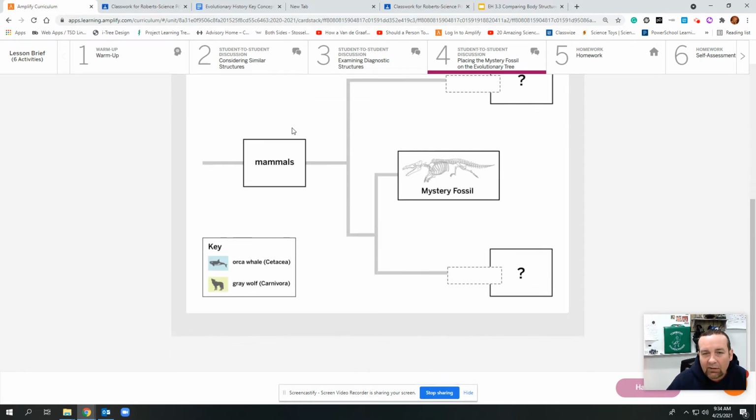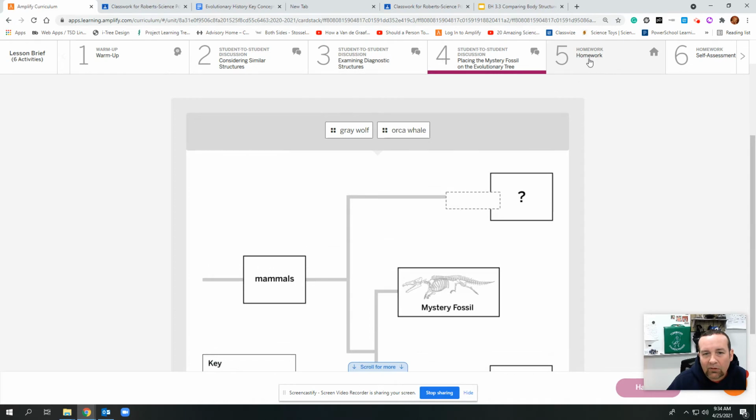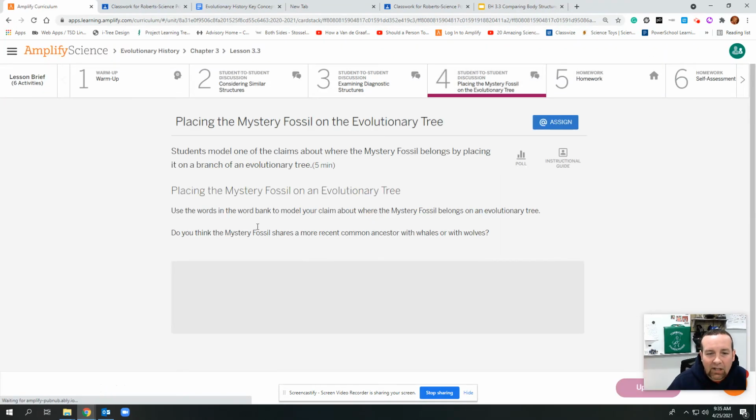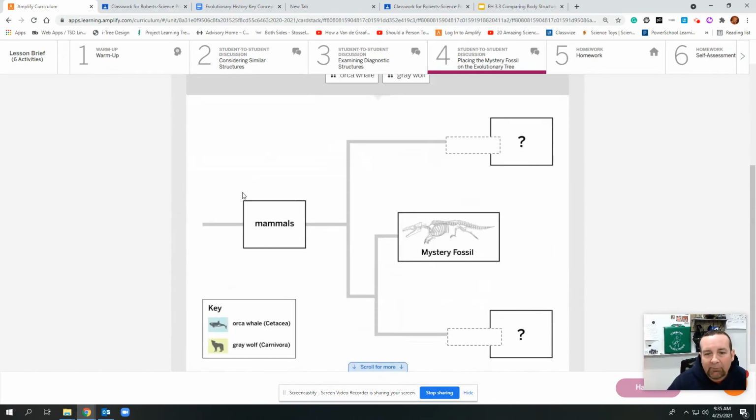So go ahead and do that, and I'll meet you in the homework section. Kidding. I did want to point out, after looking at the cards and especially the placement of the nostril, we should have come to the conclusion that our mystery fossil is actually going to belong with our whale exhibit.